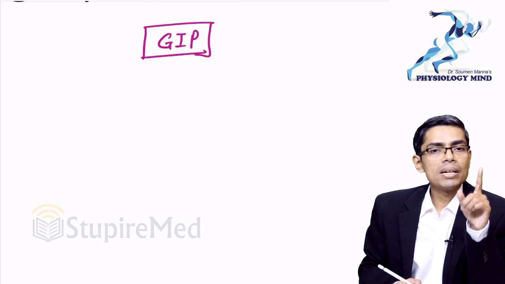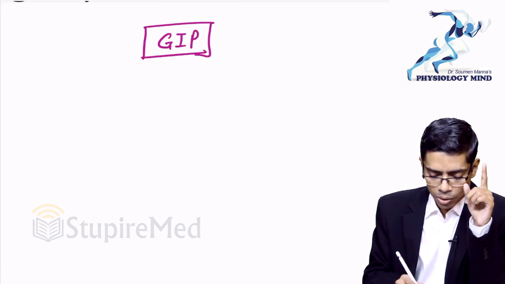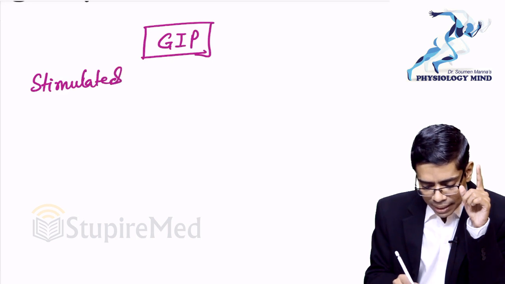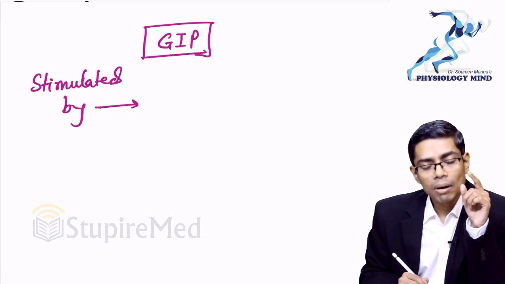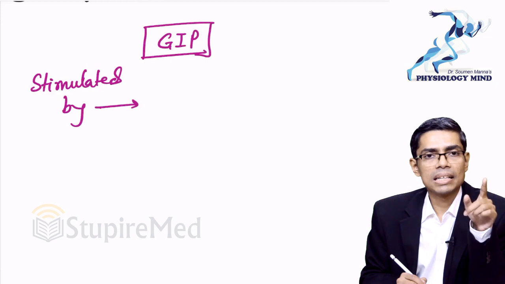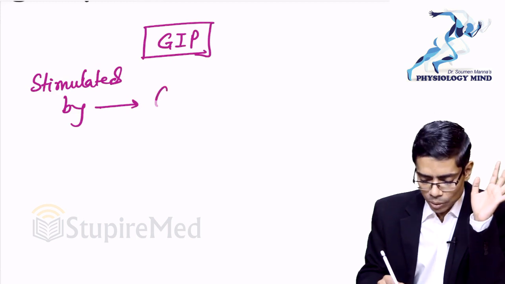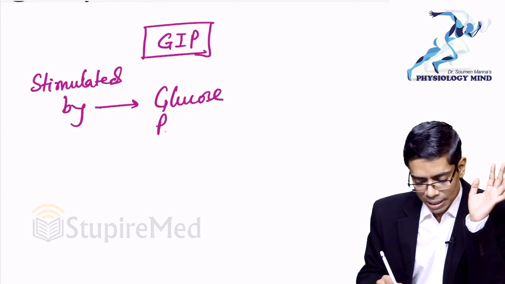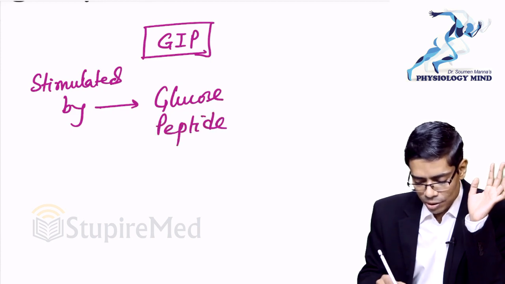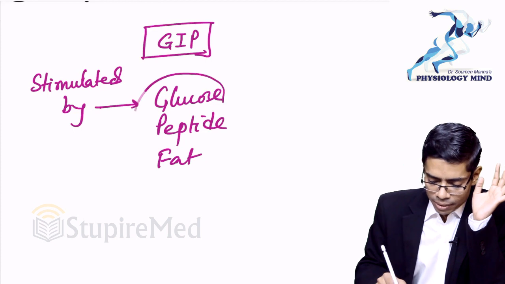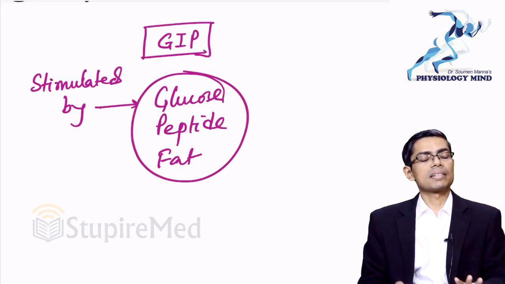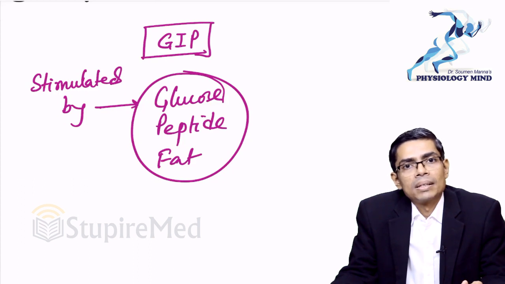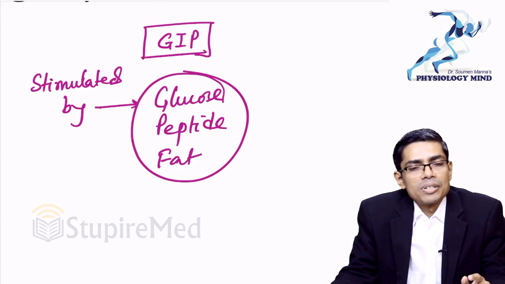This is the only hormone in GIT which is stimulated by all 3 major types of food particle: it is stimulated by glucose, it is stimulated by peptides, it is also stimulated by fat. No other hormone in the GIT is stimulated by all 3 types of food particles. This is the only hormone, GIP.